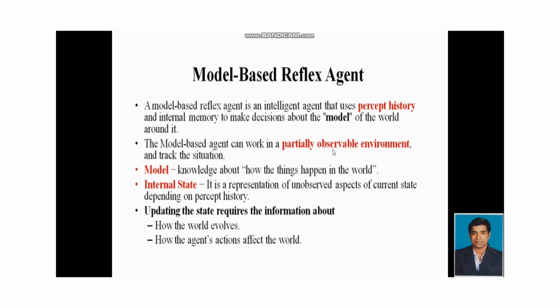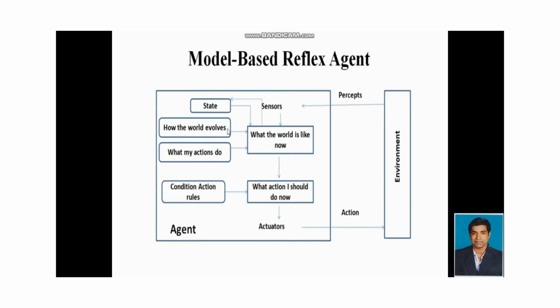Model: knowledge about how things happen in the world. Internal state: the representation of unobserved aspects of the current state depending on perceived history. Updating the state requires information about how the world evolves and how the agent's actions affect the world.